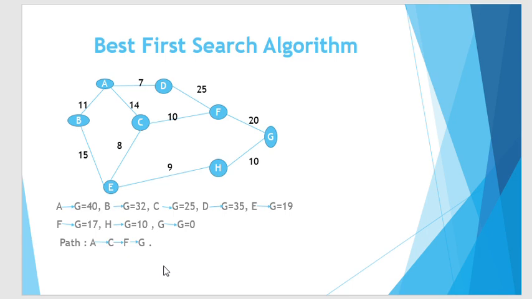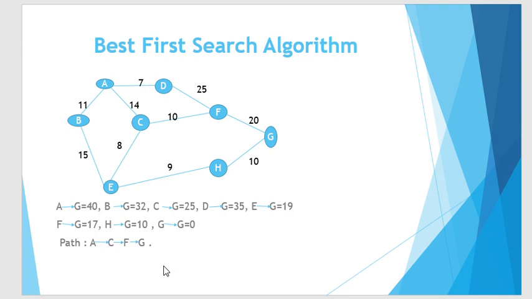See over here also, if you check just the cost, if you are working on heuristics, then you are following this path A to C, C to F, F to G. Look carefully. If you consider the normal cost, just the cost to reach there, then see how much it is: 14 plus 10 is 24, 24 plus 10 is 44. That means you reach G from A at a cost of 44.